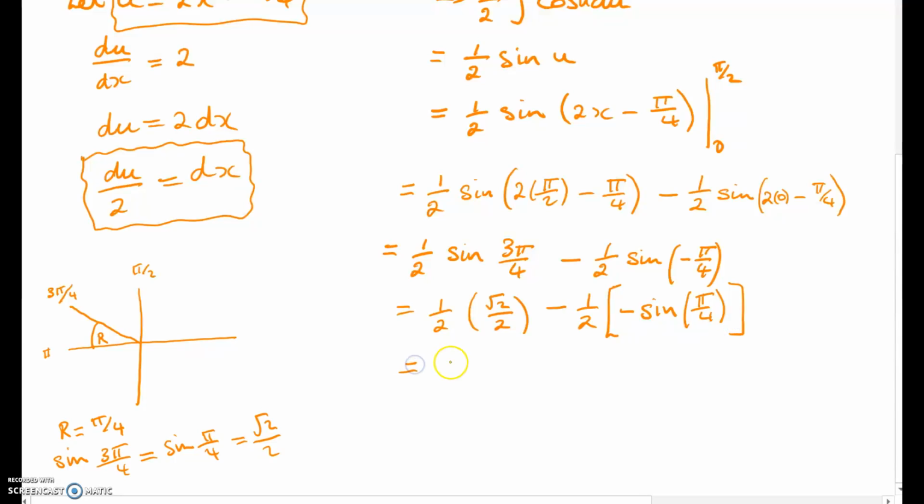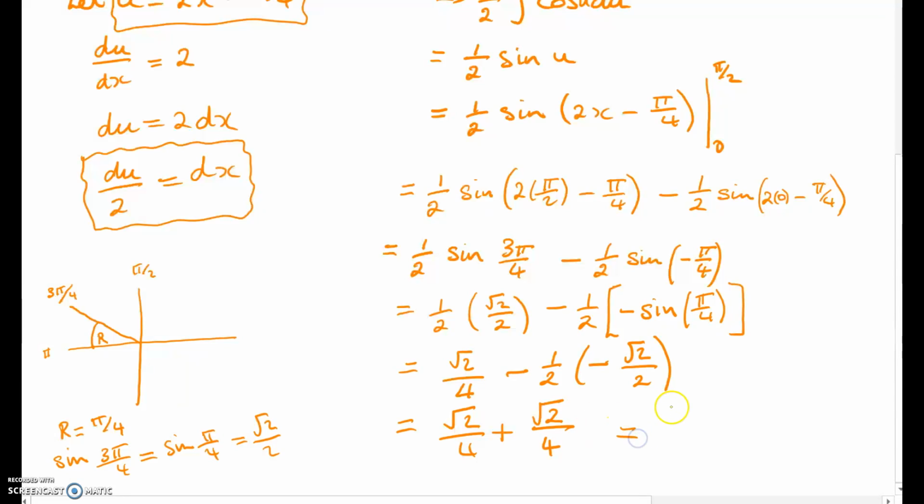So this is going to be root 2 over 4, minus 1/2 by minus root 2 over 2. So root 2 over 4, minus by minus is plus root 2 over 4 again, which is 2 root 2 over 4, or root 2 over 2.